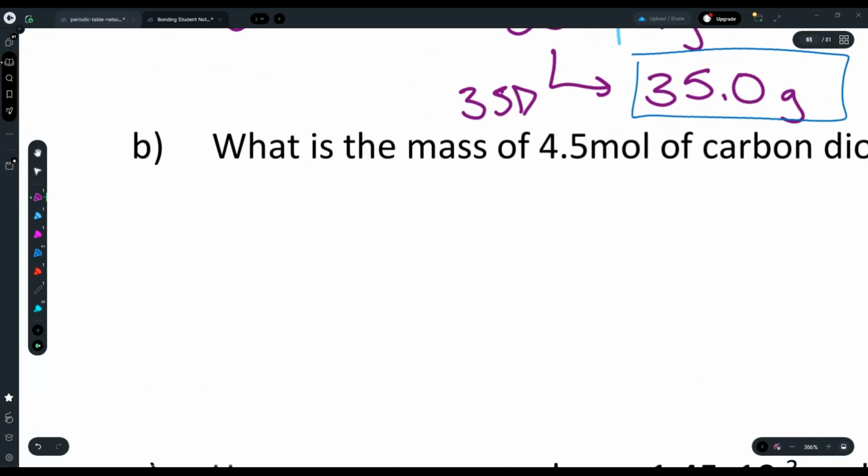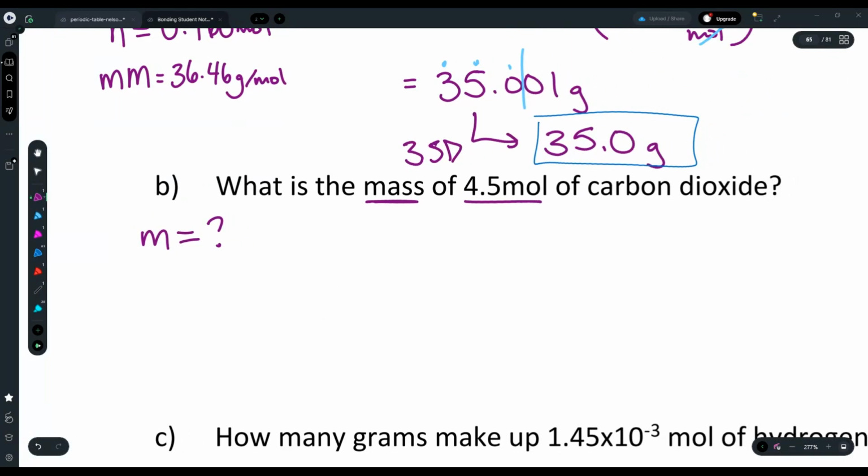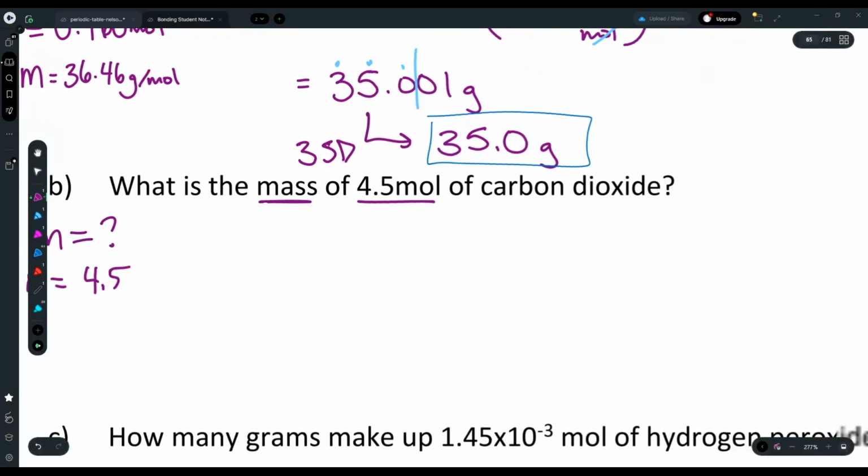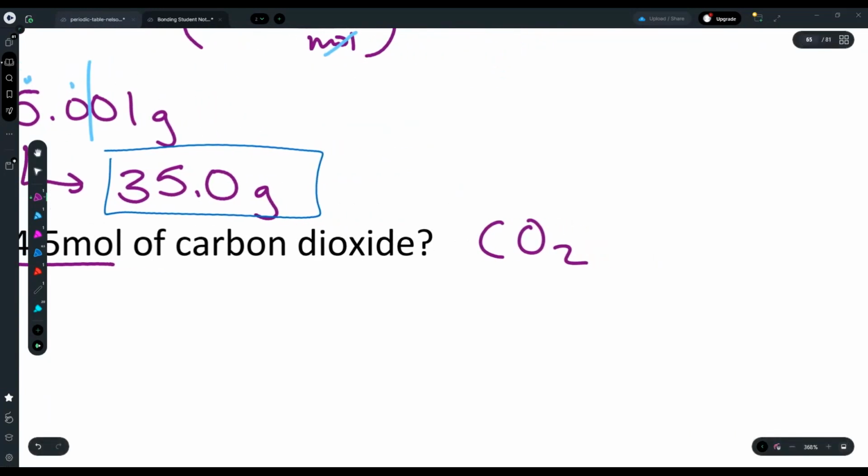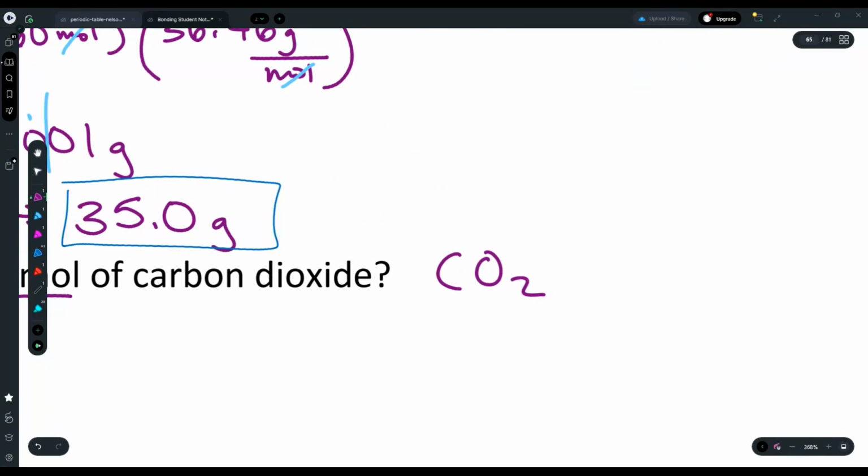Okay, so we're asked to find the mass. So little m, we have no clue. Okay, of 4.5 moles. So moles is going to be 4.5 of carbon dioxide. Okay, so carbon dioxide, that's going to be CO₂. Okay, carbon has a molar mass of 12.01. Oxygen, each oxygen atom has a molar mass of 16.